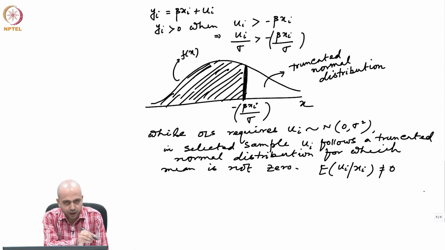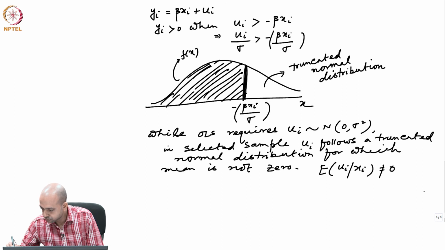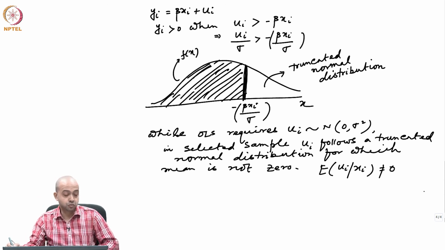Initially we said that when you apply OLS in the selected sample, the slope and intercept of the estimated equation are quite different from the slope and intercept of the equation you estimate using the entire sample.